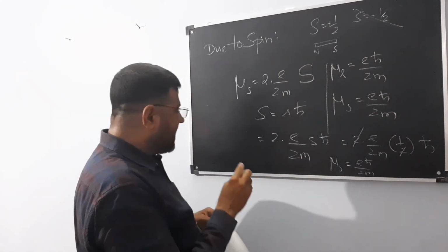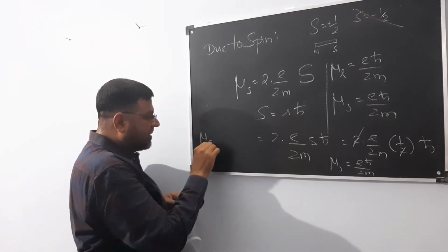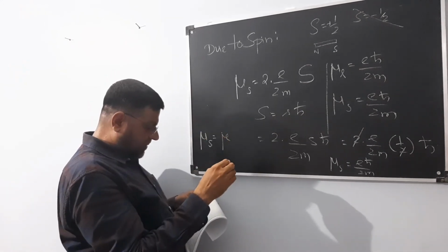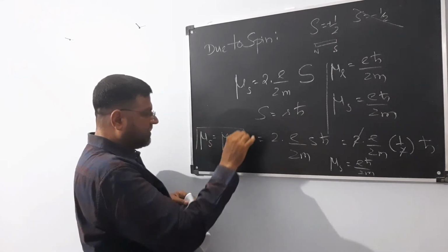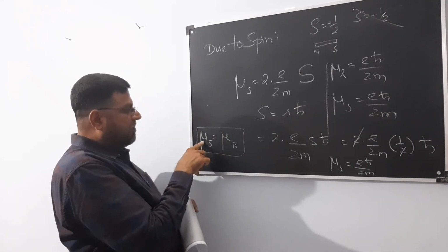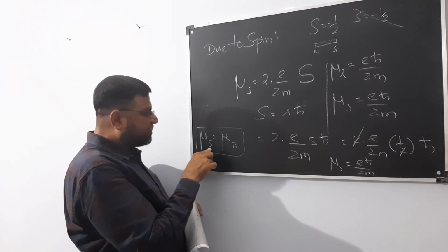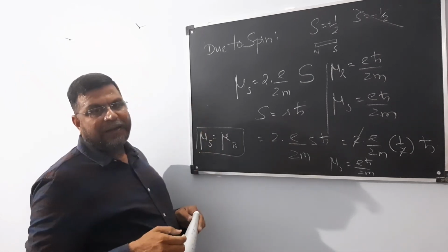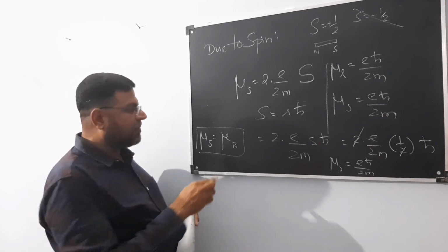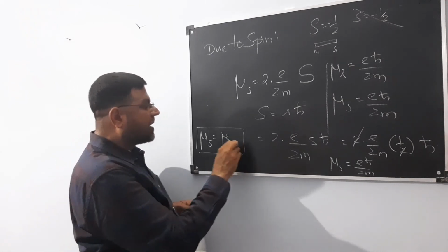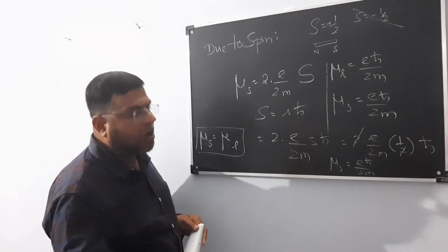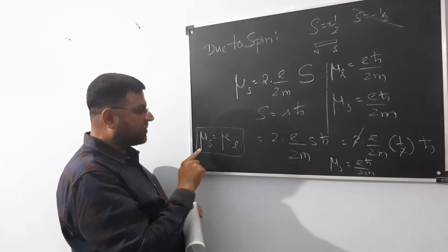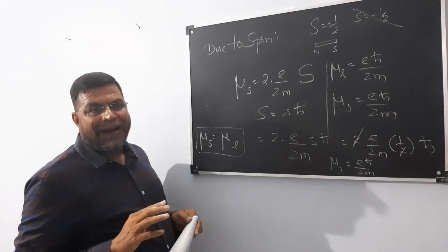So we can write finally mu S is equal to mu B or mu L. So the magnetic moment due to spin is equal to the magnetic moment due to orbital motion, which is equal to 1 Bohr magneton.